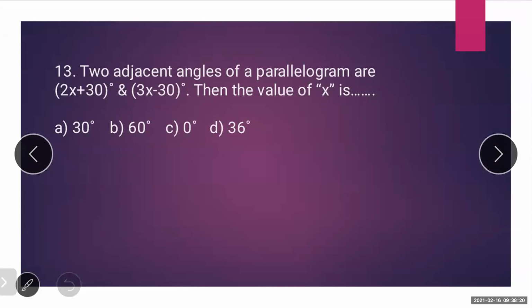Here you need to find out the value of x. Adjacent angles supplementary means 2x plus 30 plus 3x minus 30 is equal to 180 degrees.